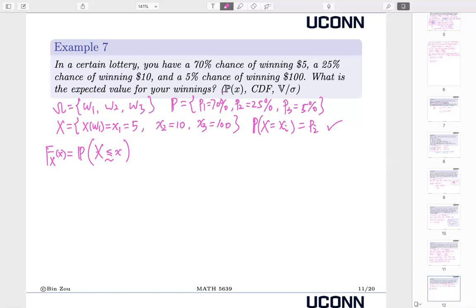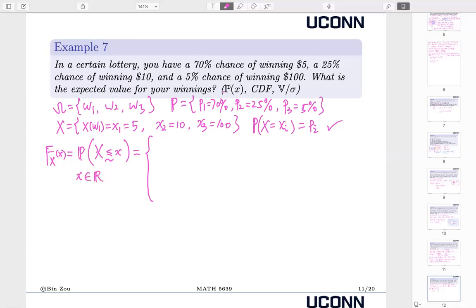Of course, you need to discuss all possible values. It's very common to miss some of the results because it's possible that you do not exhaust all the possibilities. So here small x can be any real number.